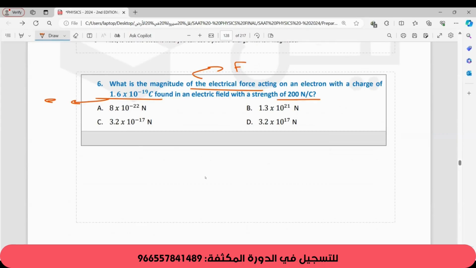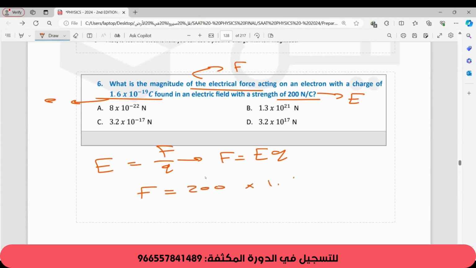This is the electric field, which is E. We need F, and we know E equals F over Q, so F will be E times Q.